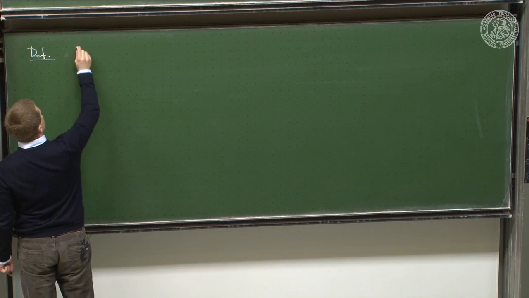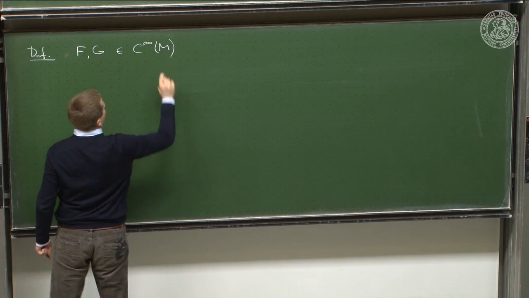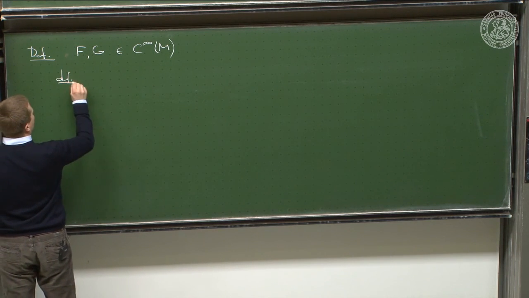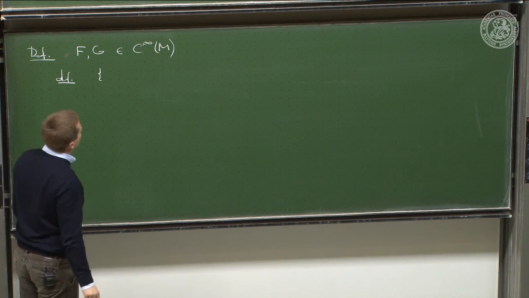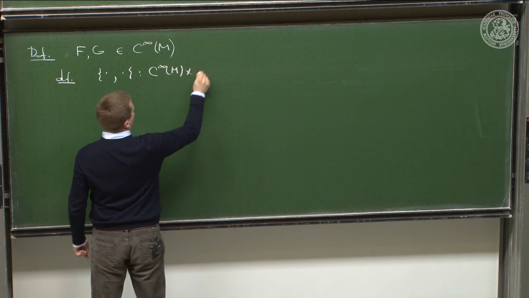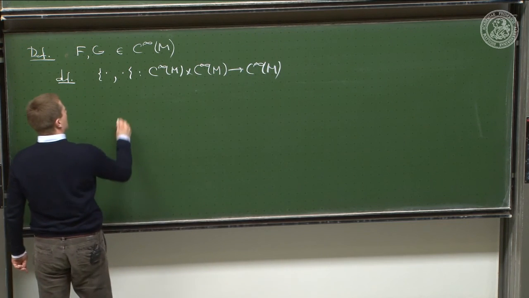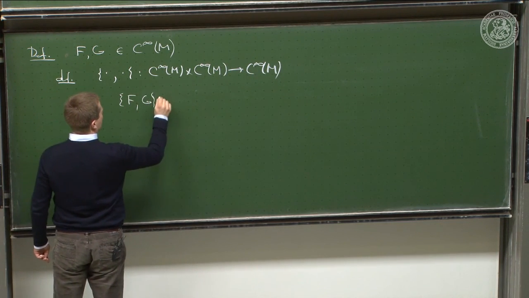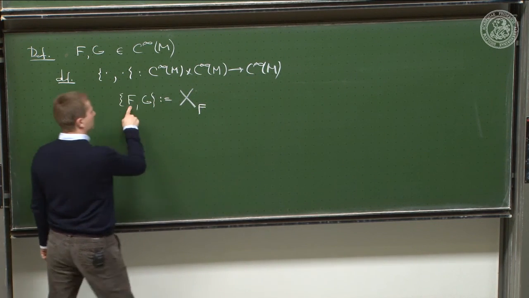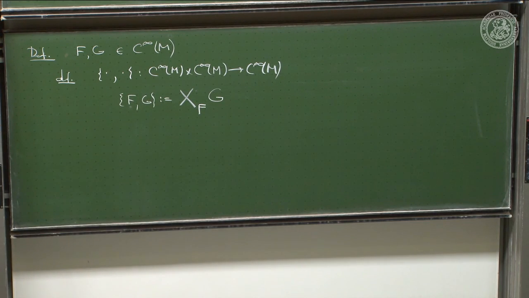So the definition is, if f and g are observables, so smooth functions on the symplectic manifold, then we define a bilinear map from C infinity(M) cross C infinity(M) back to the observables C infinity(M) by letting {f,g} be the action of the Hamiltonian vector field of the first one acting on the second one.